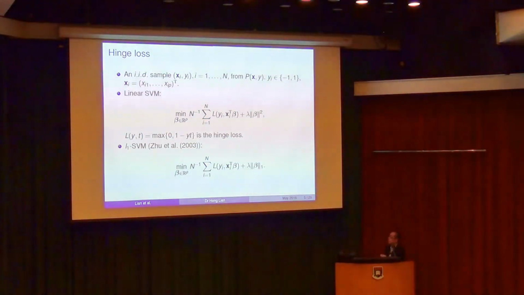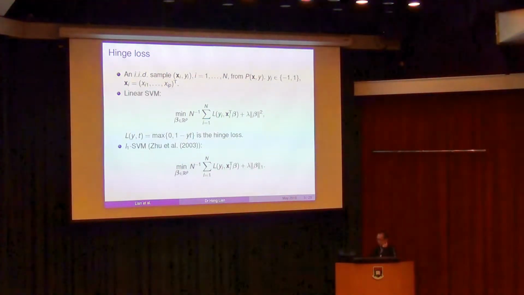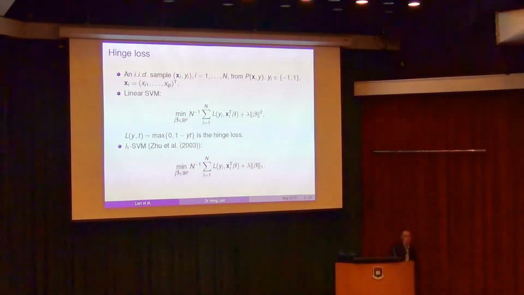Okay, so in this work, we just focus on the formulation on the last line. Our interest is, first, what are the properties of the minimizer, assuming the dimension is high, and second, how to do divide and conquer if the sample size capital N is very big.